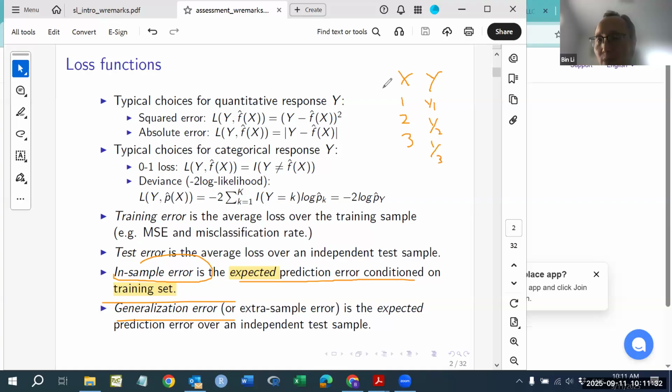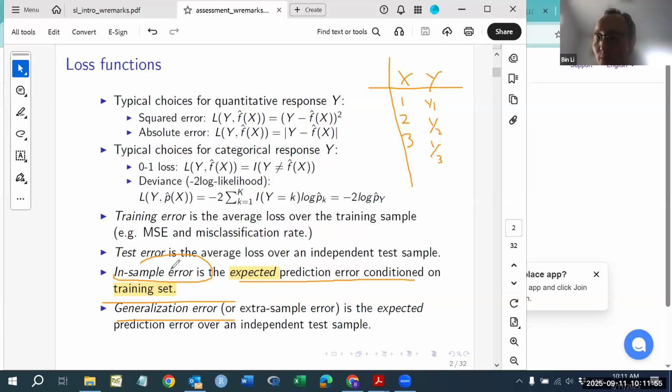So this is our data set. After that, we can fit a model based on this data set. Then that model's performance on this data set is called training error. Then if we have a new data set, that's test error.